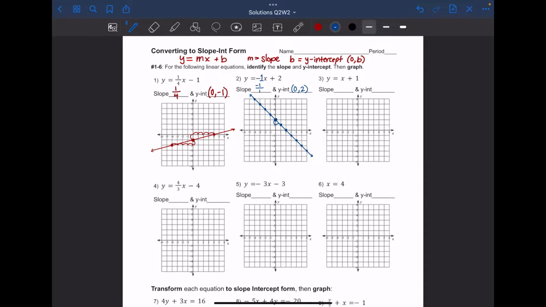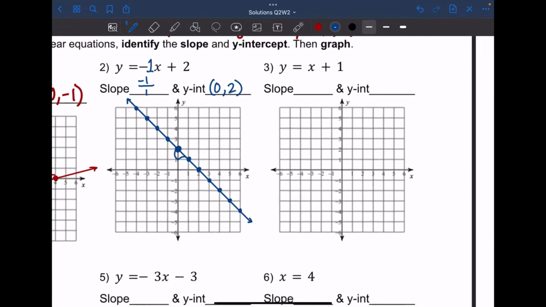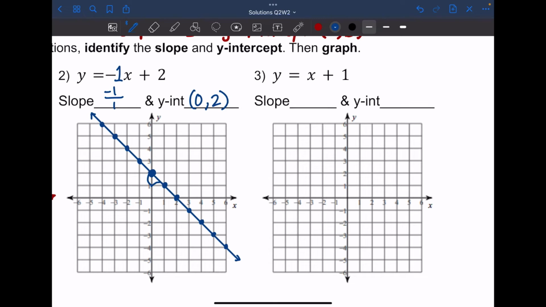So bear with me, some of them get a little funky, but trust me, you'll be all right as we go. So let's look here and say that our slope is going to be invisible again, but it's an invisible 1.